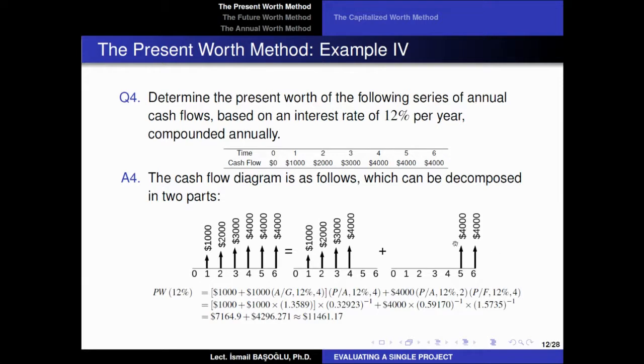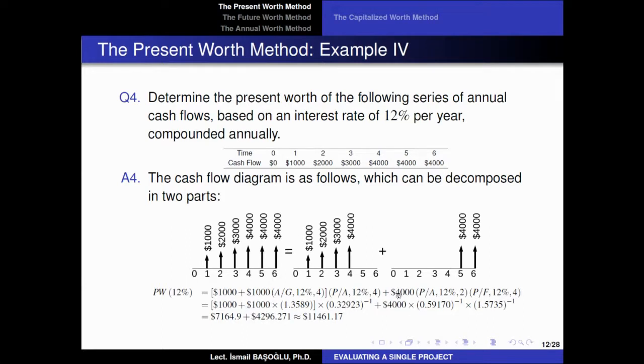Now for the second part of these cash flows, we have a uniform series in the end of the 5th and the 6th year. And actually, this is a 2 years of uniform series, assuming that the 4th year is time 0 and the end of the 5th and 6th years are the first year and the second year. We have a 2 years of uniform series.